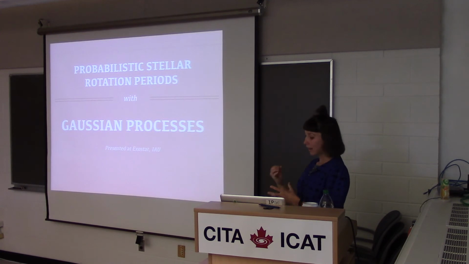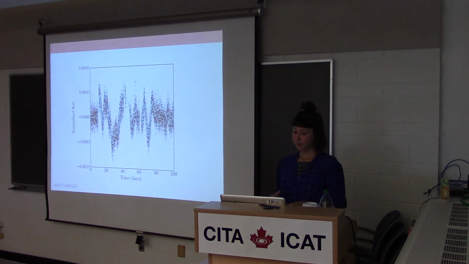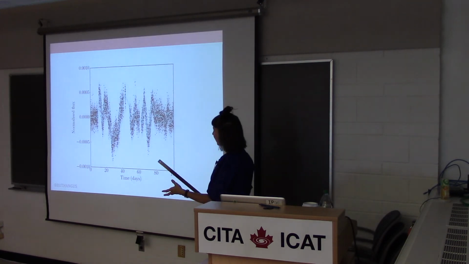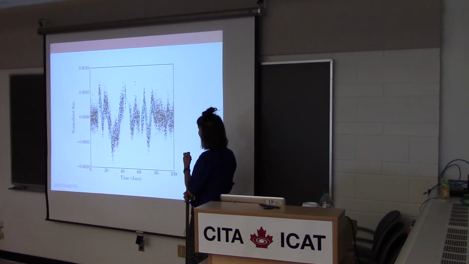Gaussian processes are a machine learning technique. They're most often used in the machine learning literature, and in cosmology as well. They are useful for measuring stellar rotation periods because stellar rotation manifests itself in a light curve typically like this. This is a very typical light curve for a rotating star.